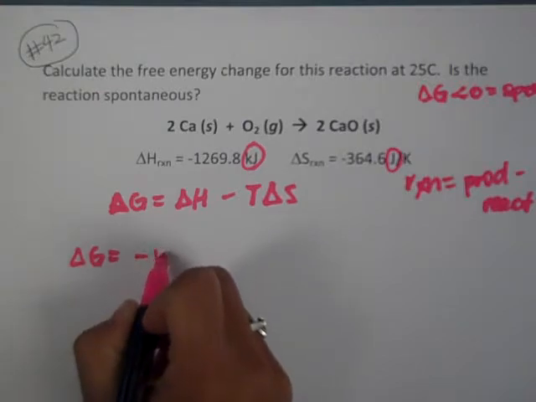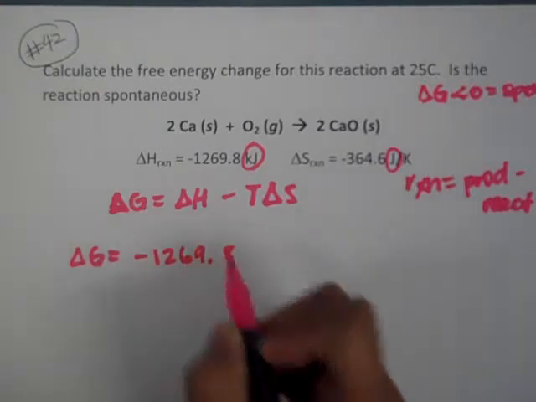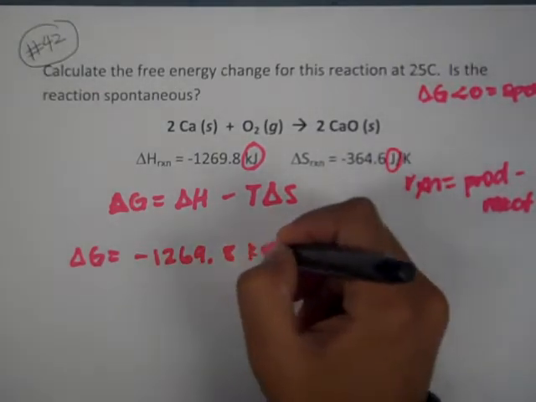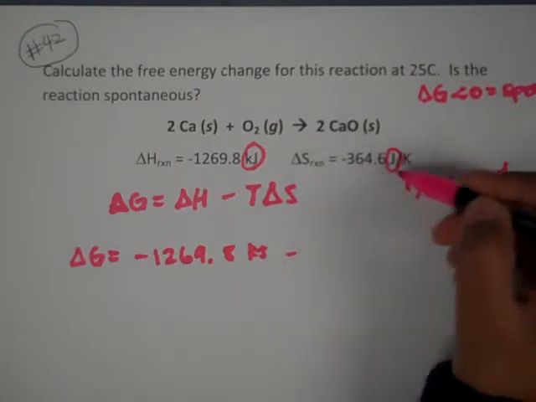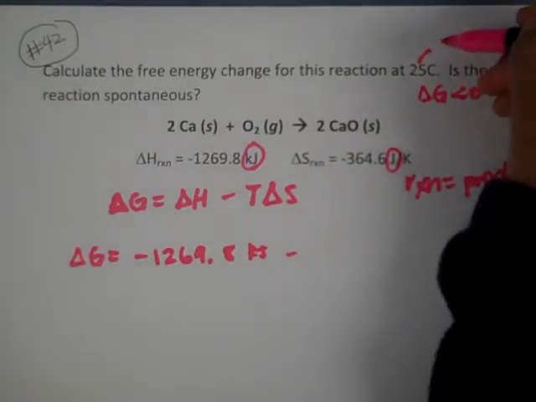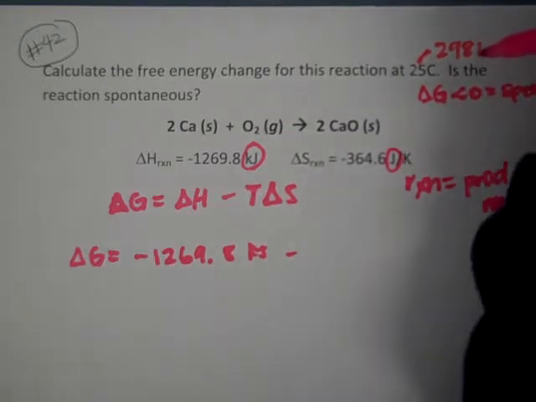So we already have delta H in kilojoules, minus T, 25 degrees Celsius. But remember, the unit over here is Kelvin, so we need to be in Kelvin. So convert that to Kelvin, which is 298 when you add 273.